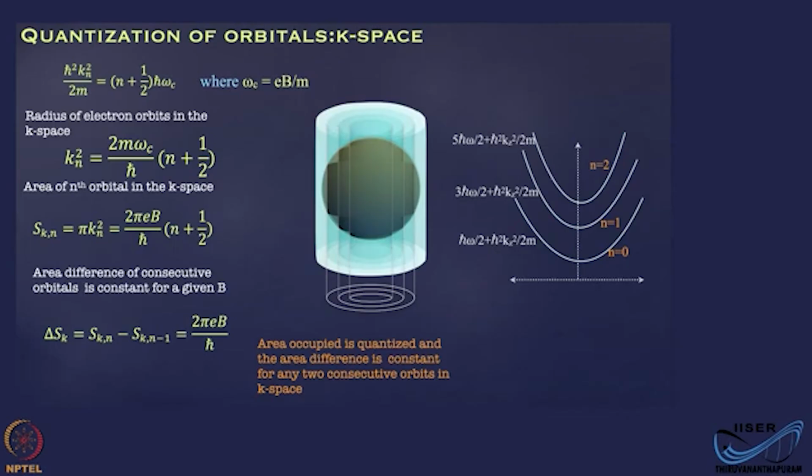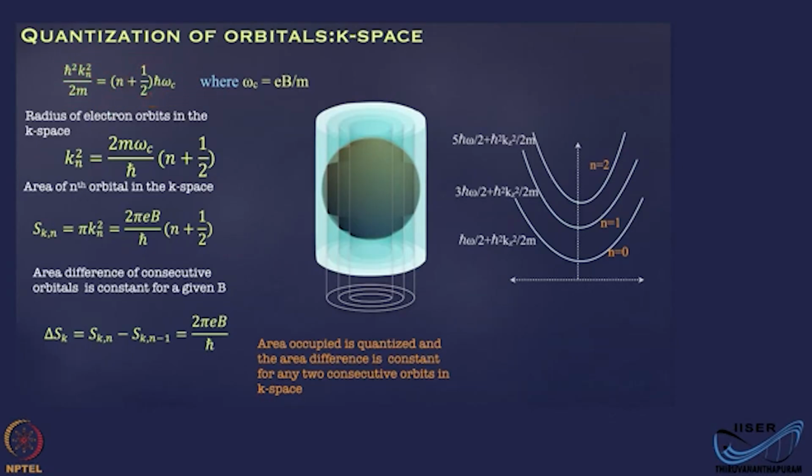And this is h bar squared k squared by 2m. I have now added a subscript n to represent the nth level. That is the k state for that k state represents the nth level, where n is this quantum number.